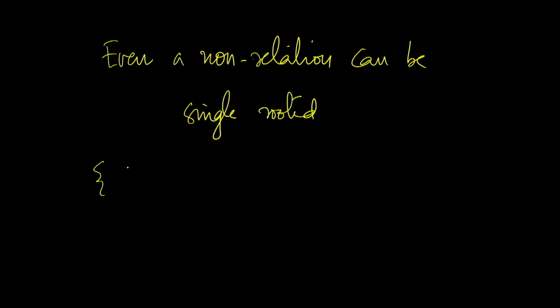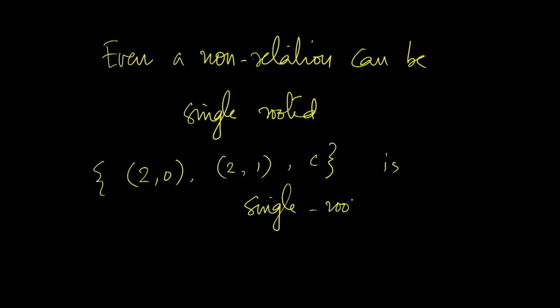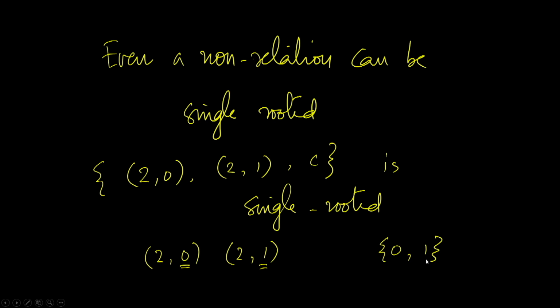For example, consider this set. This is single rooted. We consider the ordered pairs 2 0 and 2 1, and consider the second components. 0 and 1 are the second components. Each of them has a unique pre-image. The only pre-image of 0 is 2 and the only pre-image of 1 is 2. Therefore, this is a single rooted set. So, single rootedness can be a property of a set.